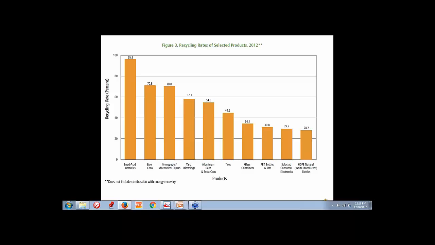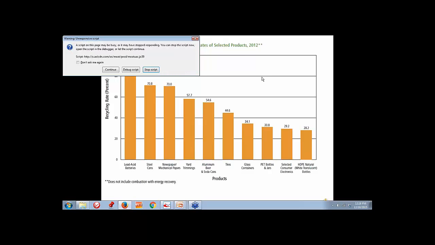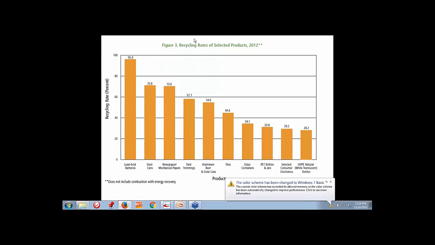One of the things that we also like to look at is not just the materials that are highly recyclable, but also the materials that are toxic and detrimental to the environment. It's one thing to get recyclables out of the landfill and find a way to incorporate them back into new products, but we also want to make sure that we're eliminating toxins and reducing products that could be harmful to the environment.